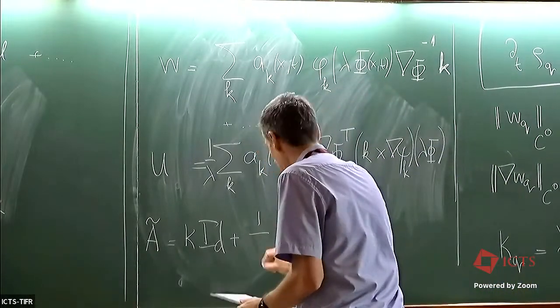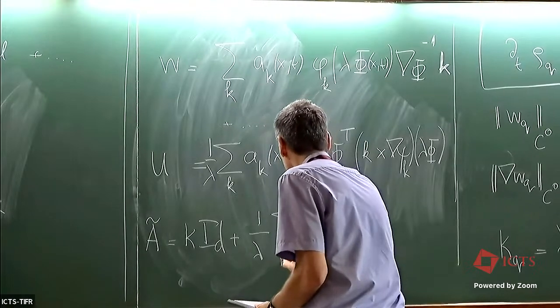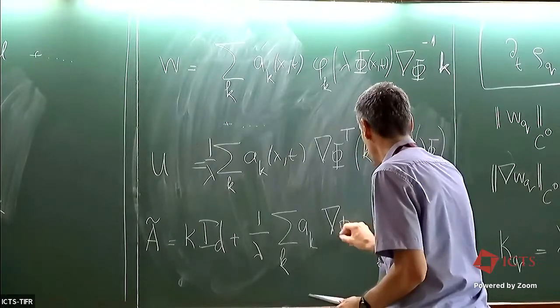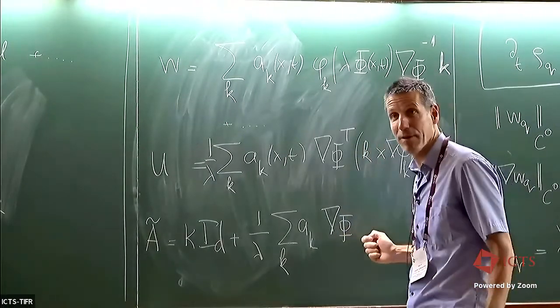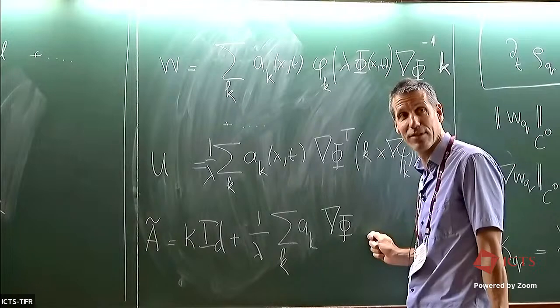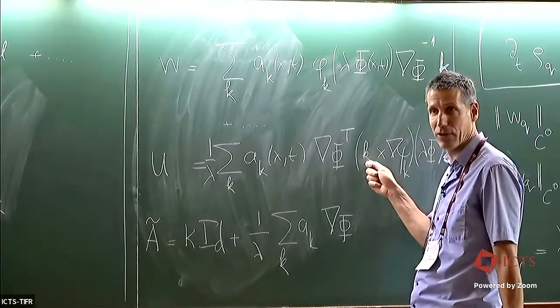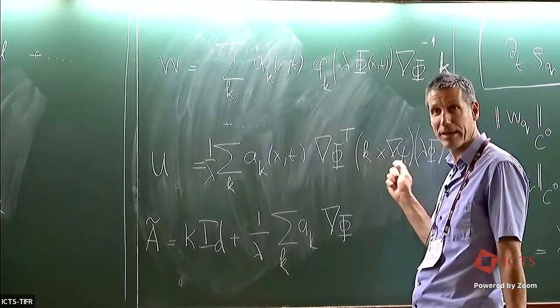It will be 1 over lambda times a_k. And now you use this formula. You have to come up with an antisymmetric matrix, which, multiplying by that matrix, gives you the vector multiplication.